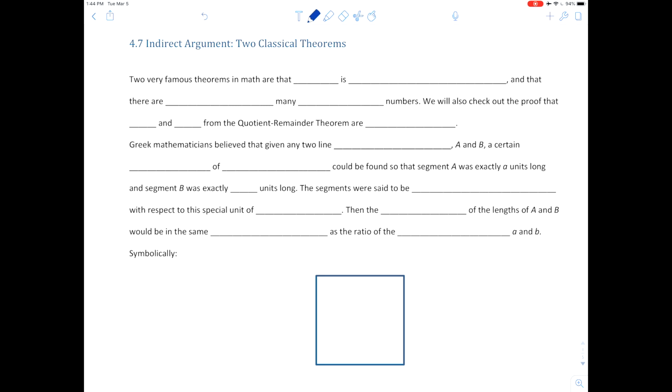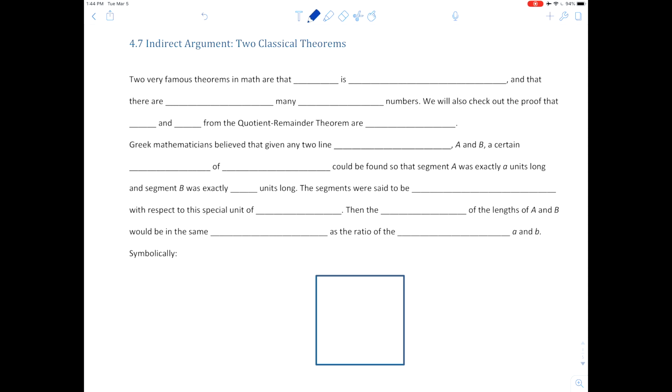All right, today we're going to take a look at two classical theorems, and we will also be showing the uniqueness portion of the quotient remainder theorem. So, are you ready? Let's get going.